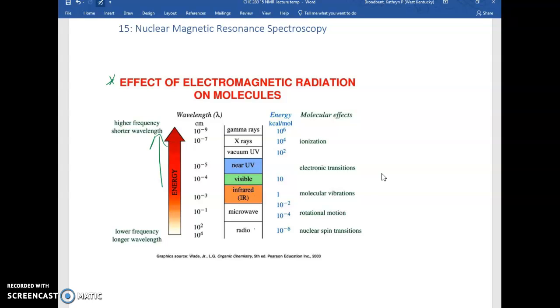Before, we were looking at rotational motion and molecular vibrations, and that gave us the IR diagrams we were looking at previously. Now we're going to be looking in the radio range, at nuclear spin transitions.